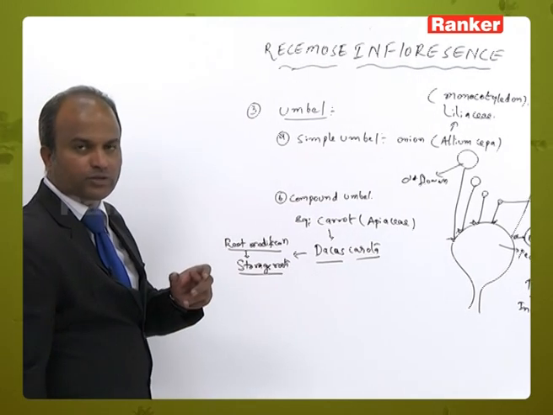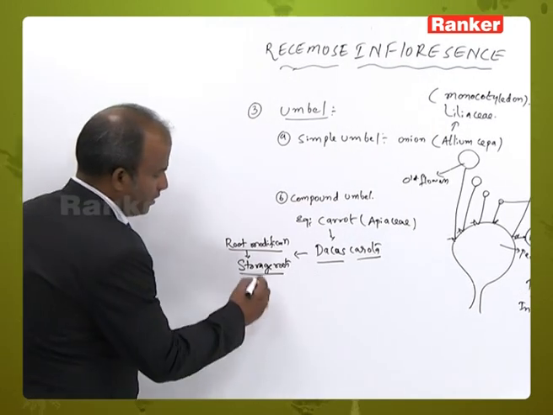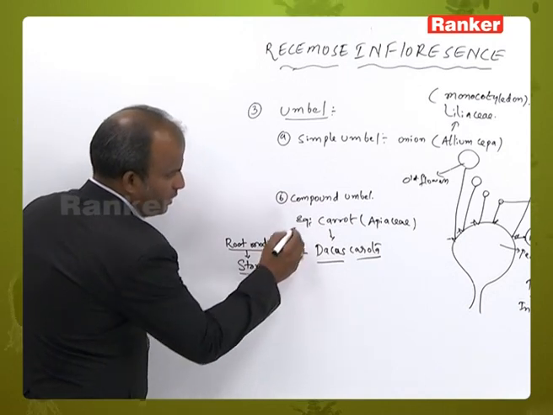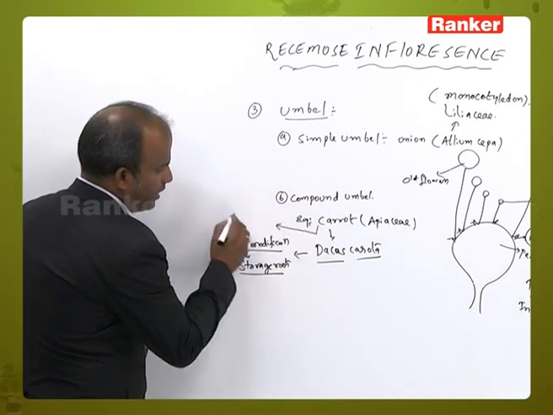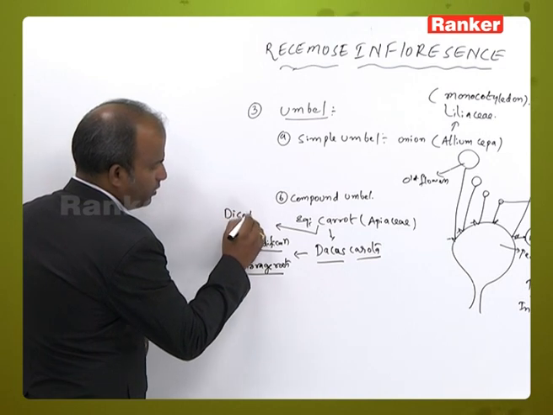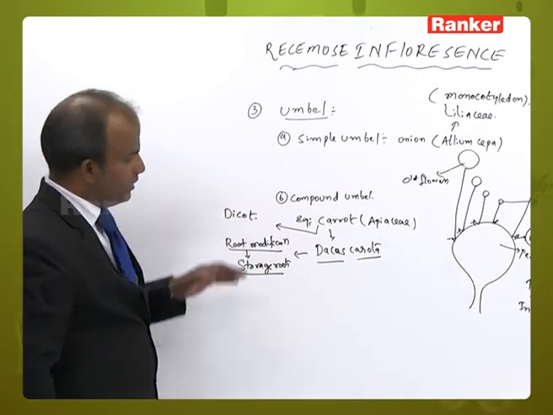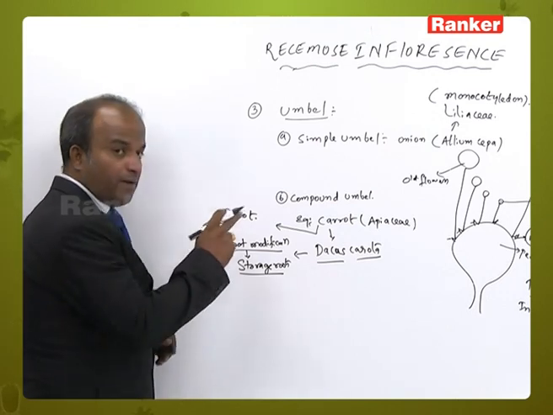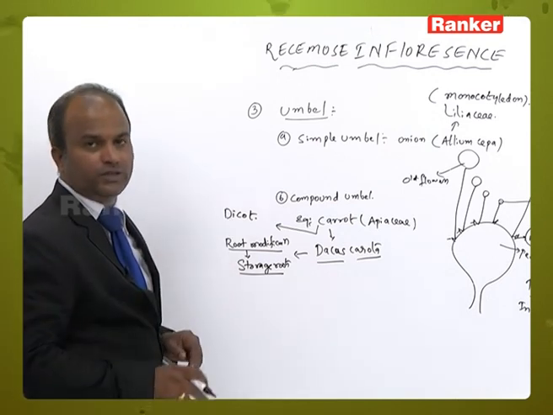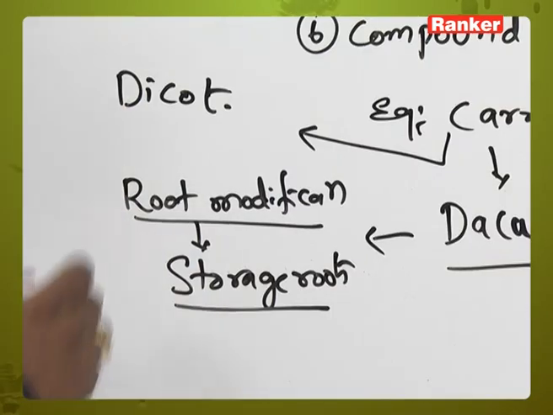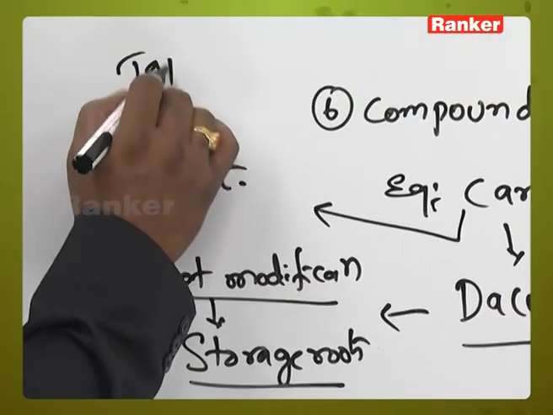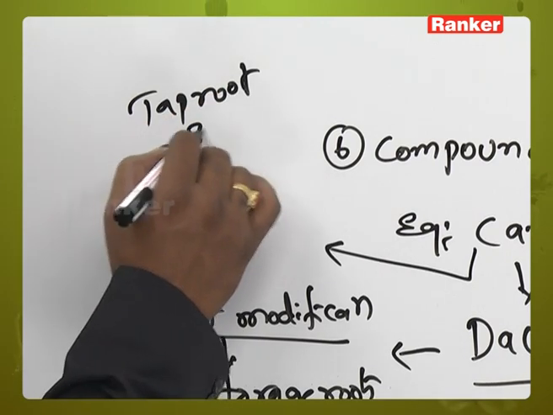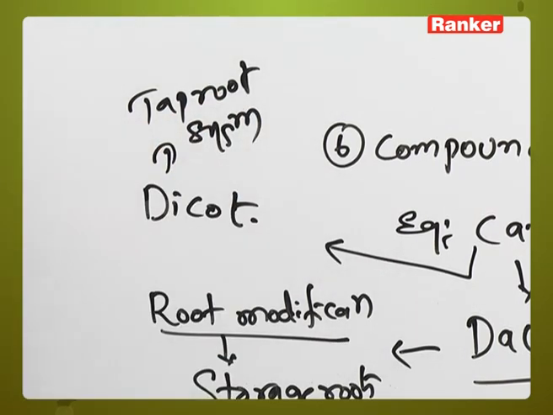What happens means due to the storage of food material. Can you tell me this carrot whether it is one of the dicot or monocot? It is one of the dicot. That means whether it is showing taproot system or adventitious root system? That means it shows a taproot system.